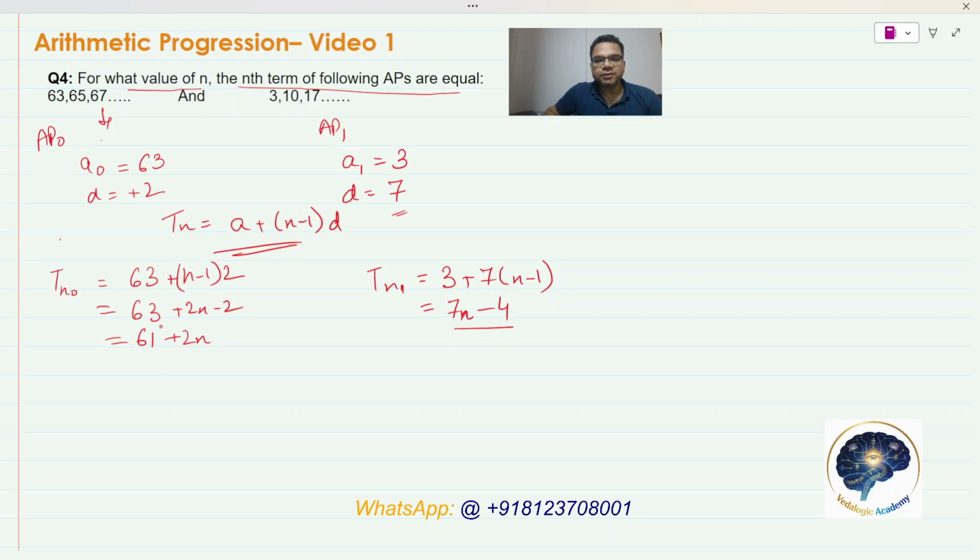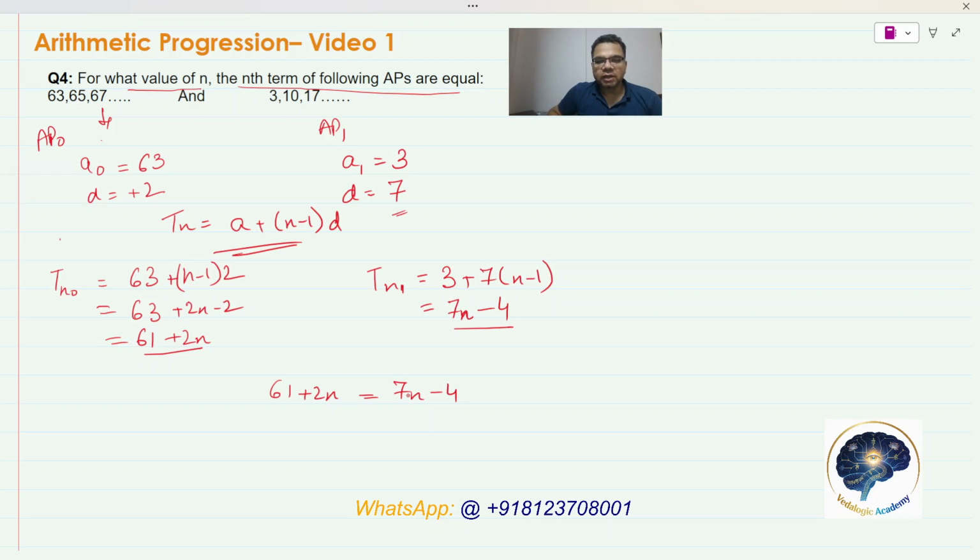So now these have to be equal, as given in the question itself. So that's what we are going to do now. 61 plus 2n equals 7n minus 4. I hope this is clear. We have just put both of these values as equal, as given in the question. So now let's try to solve this equation.